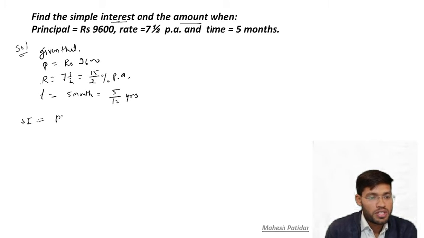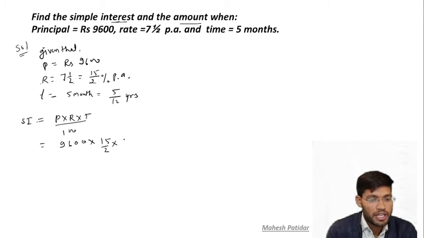SI is equal to P into R into T upon 100. So P is equal to 9600, rate is equal to 15 by 2 and time is equal to 5 by 12, upon 100.